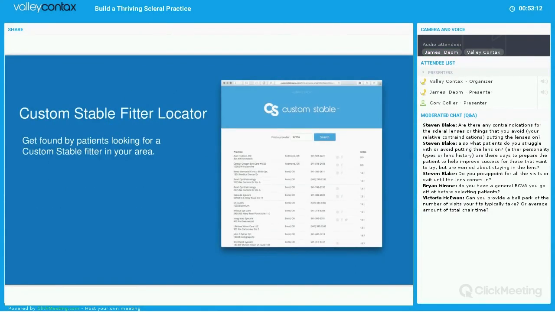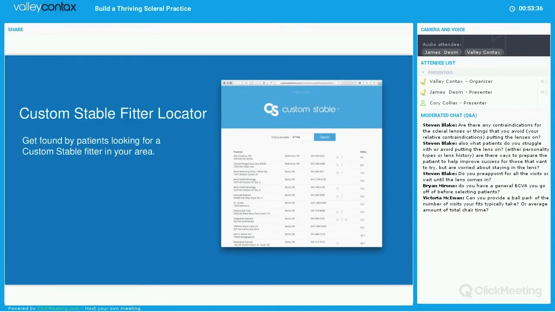Yeah, I think those are all really great suggestions. We have to be thankful for working with our practitioner partners, and so it goes both ways, right? And so that's great to think about. So one other thing that Custom Stable has done to try to help you is access to get found by patients looking for Custom Stable fitters in the area.